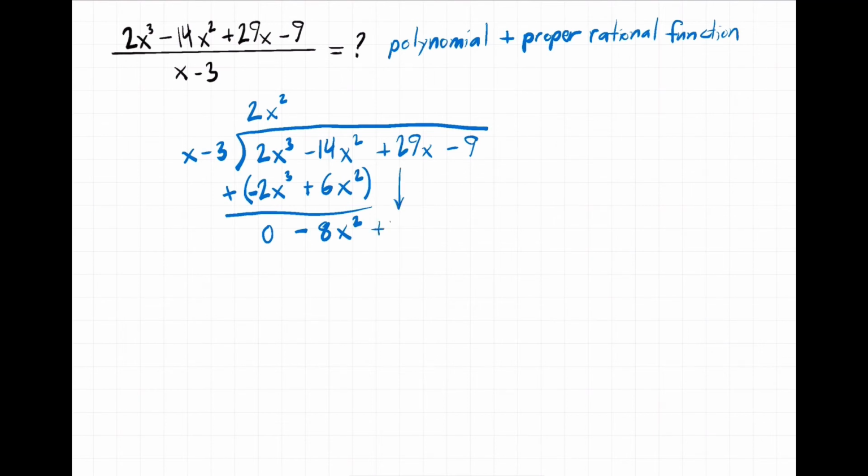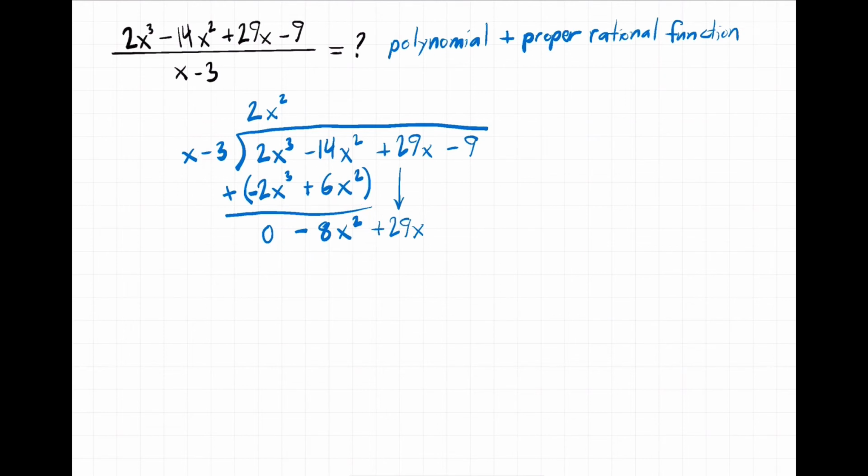This is plus 29x. This is just like bringing your next digit in your long division problem down. So now we can ignore that first term of 0 there, and we now have a first term of negative 8x squared here in our dividend. And the question is, how many times does x go into negative 8x squared?